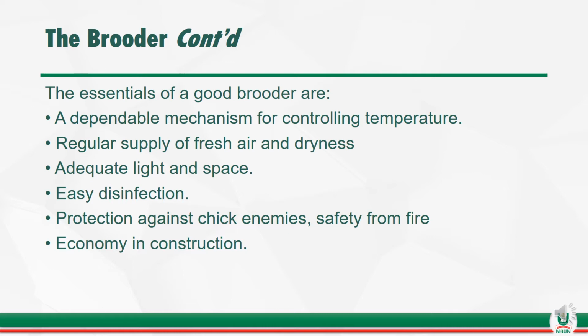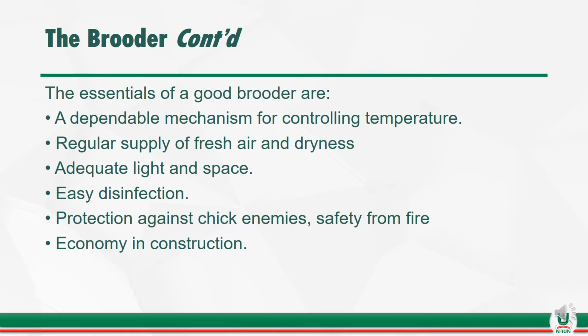Now, the essentials of a good brooder include, one, a dependable mechanism for controlling temperature. There must also be regular supply of fresh air and dryness in the brooder. Adequate light and space is also very important.